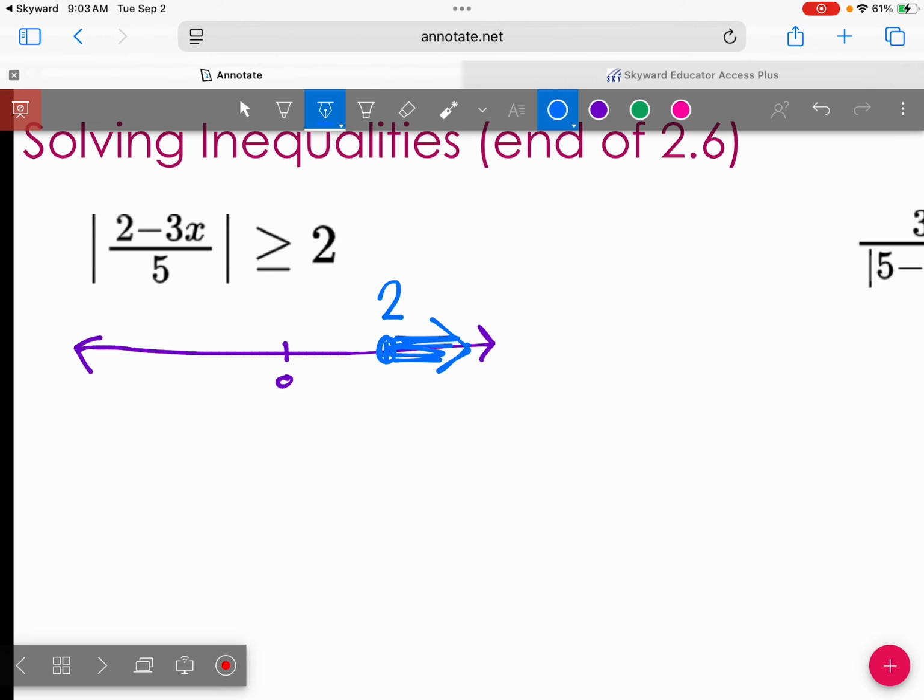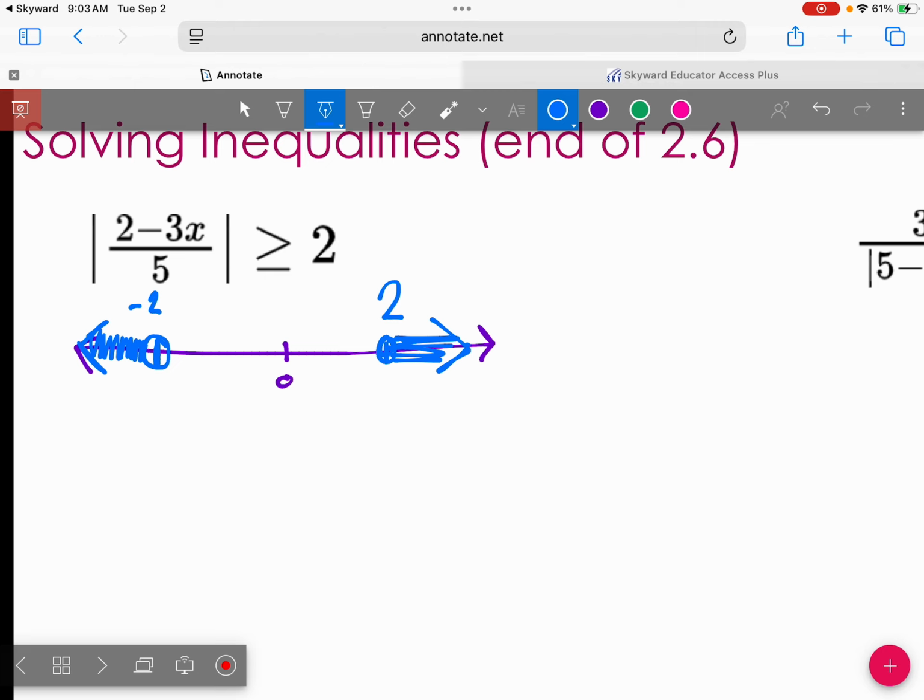There we go. Or we could think about negative 2, and it would need to be this way. If it is smaller than negative 2, so something smaller than negative 2 would be like negative 3. The absolute value of negative 3 is a positive 3. 3 is greater than 2.